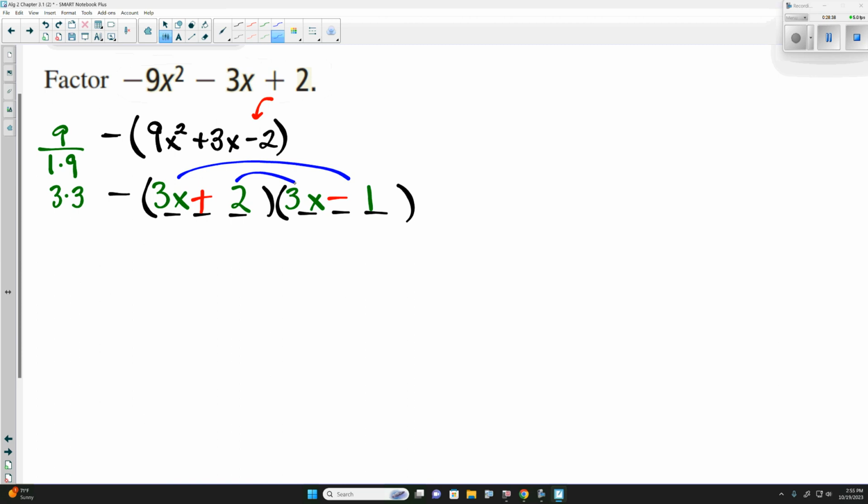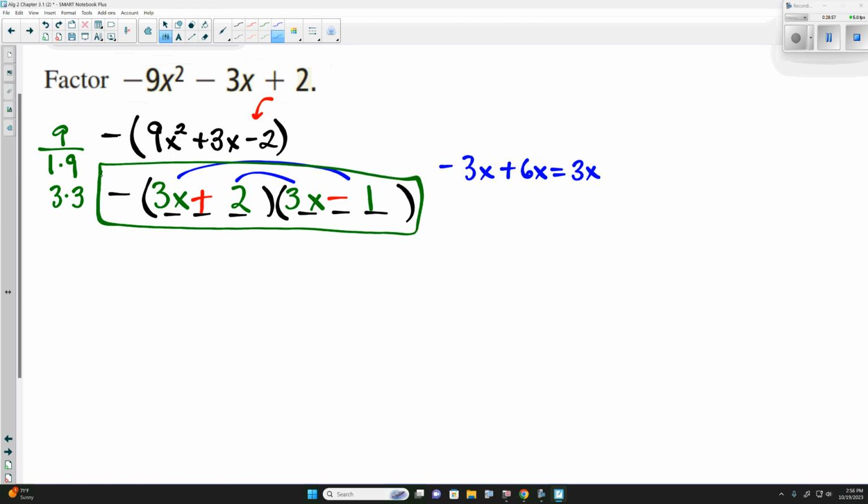And then we will check this. 3x times negative 1 is negative 3x. 2 times 3x is plus 6x, which gives us a positive 3x. Is that the middle term we wanted? Yes. So that's it. Questions on this here?